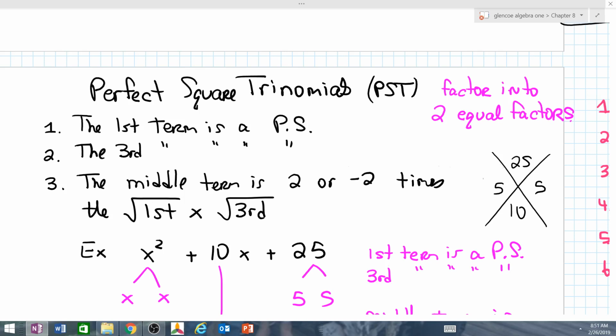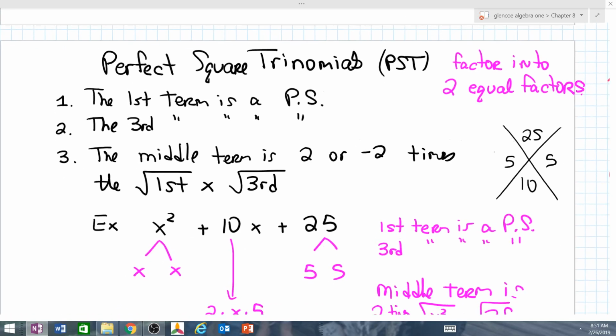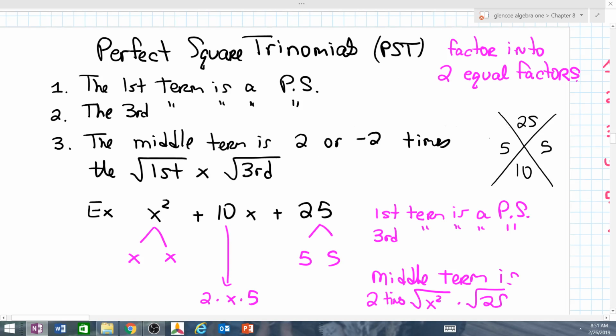So I just want to add a little bit to the notes that we have. So let's look at perfect square trinomials. So if you follow along in your set of notes, the first special technique in 8-7 was the difference of squares. If you guys turn the page, the next technique is perfect square trinomials.